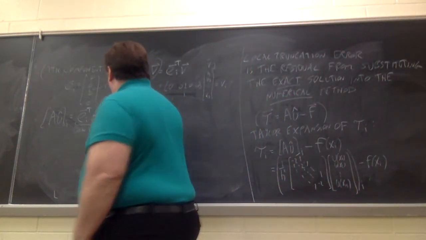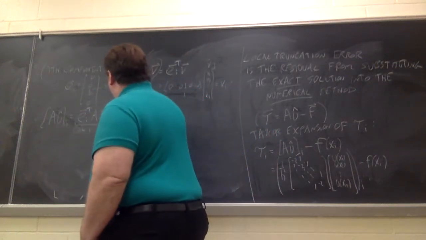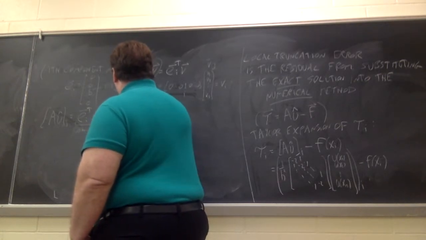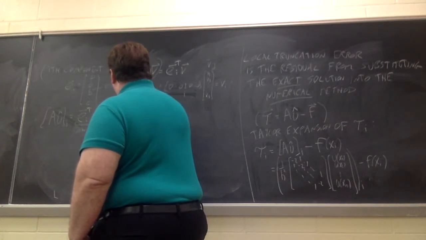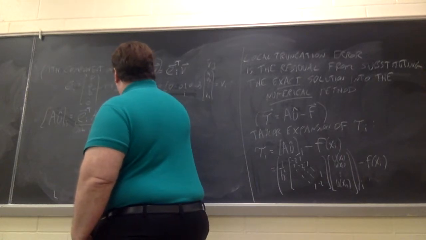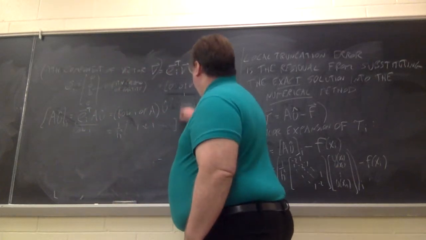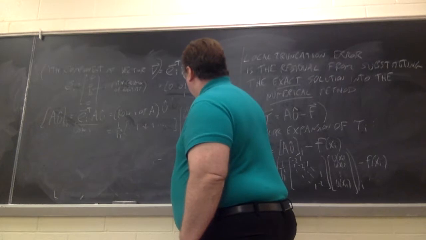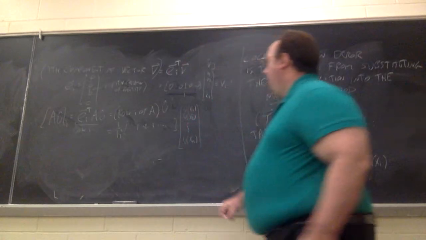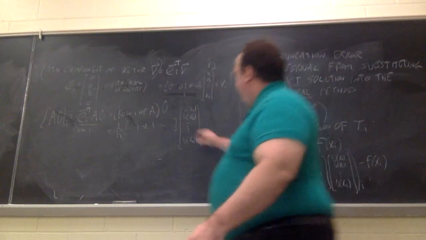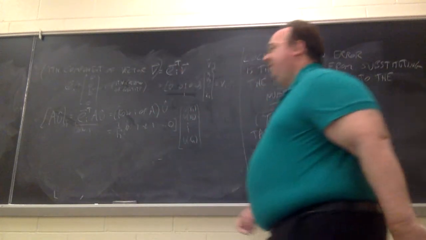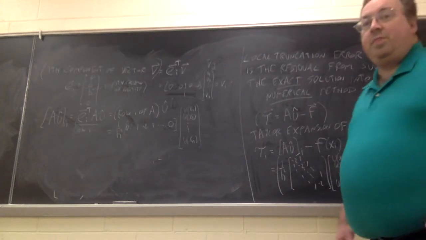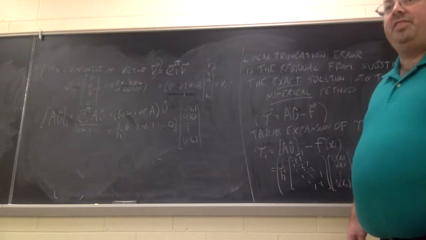In this case, row i would be 1 over h squared times a vector that only has 1, minus 2, 1, and the rest zeros, times this vector u(x1), u(x2), ..., u(xn).